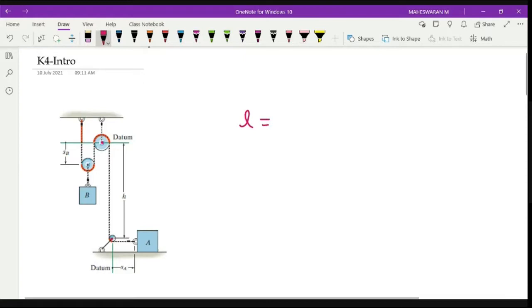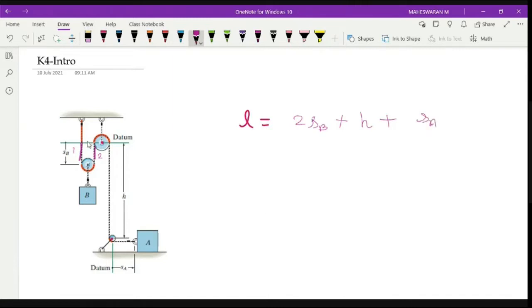Look here. You have 1 SB moving here, this is 2 SB, so I can write 2 SB plus H plus SA.